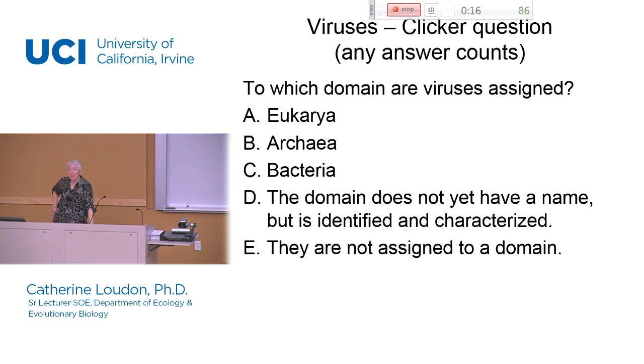I'm interested in having you consider which domain, or which domain, viruses are assigned to: Eukarya, Archaea, or Bacteria, which of course are the three domains you've already learned about; D, a newly identified and characterized domain that has not yet been named; or E, they're not assigned to a domain. If you're not quite sure, good chance to chat with your neighbors. Click in what you think the best answer is, and I'll check back in with you in about 20 seconds or so.